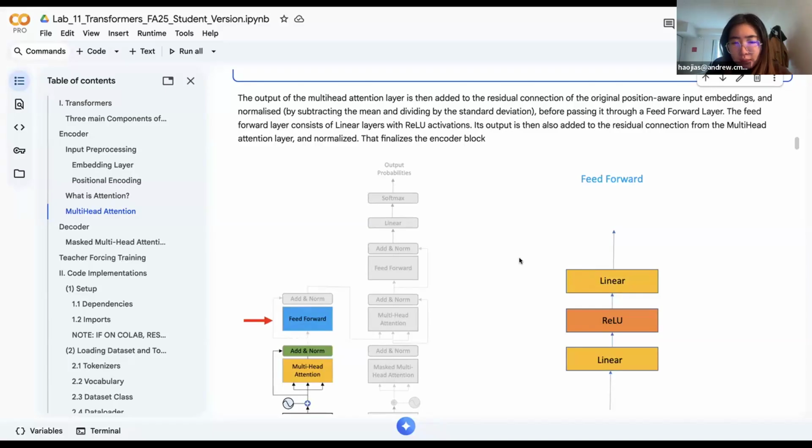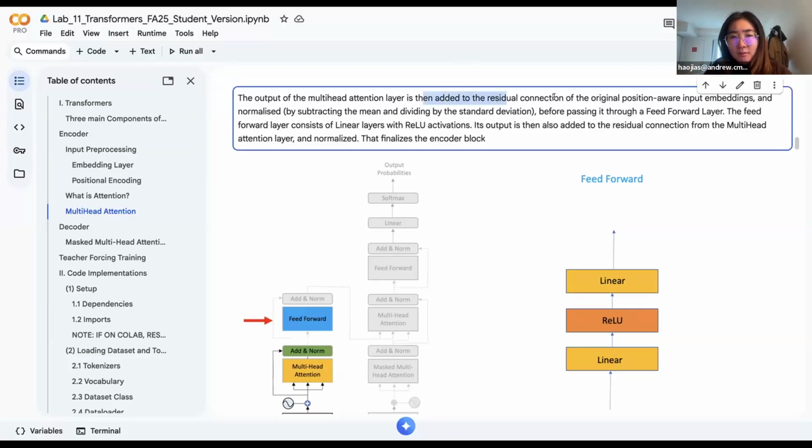Another thing is that even when we go through many attention layers or MLP layers, and even if the changes are not very huge, the original input's information is still preserved by adding the residual connection of the original input.